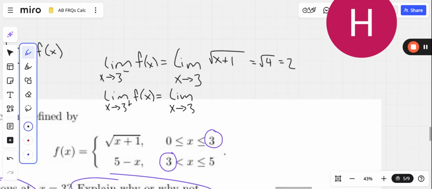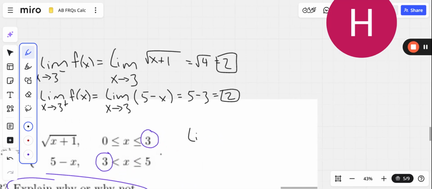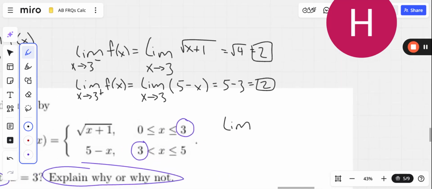Since we're already using the one-sided function, we can just drop the one side away. This is just going to be 5 minus x, 5 minus 3, which is 2. So the left and the right sides match. And of course, the function value itself is just equal to this on the right side. So the limit as x goes to 3 is equal to 2, which is also equal to f(3). So it's continuous.